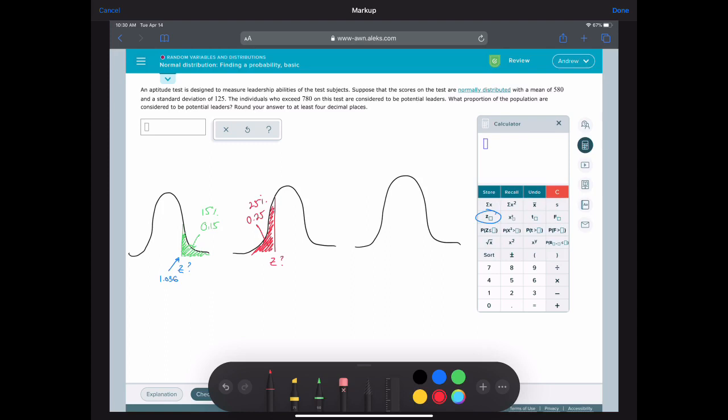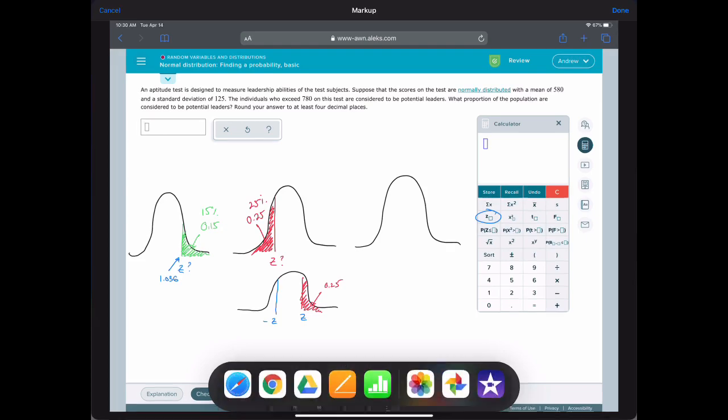Since the calculator always gives us the area to the right, we are still going to find the area to the right, where that's 0.25. But since this is symmetrical, whatever Z-score we get here is going to match up with the negative Z on this side. So all we have to do is change it to a negative number, and we would get our answer.